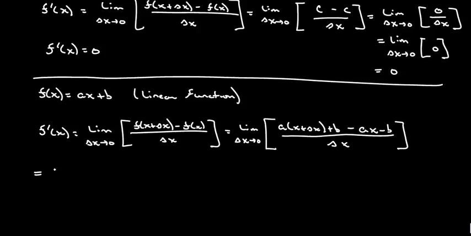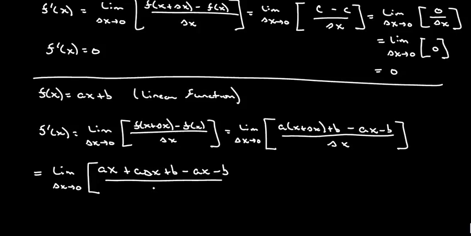And that will be equal to the limit as delta x goes to 0 of ax plus a delta x plus b minus ax minus b all over delta x.